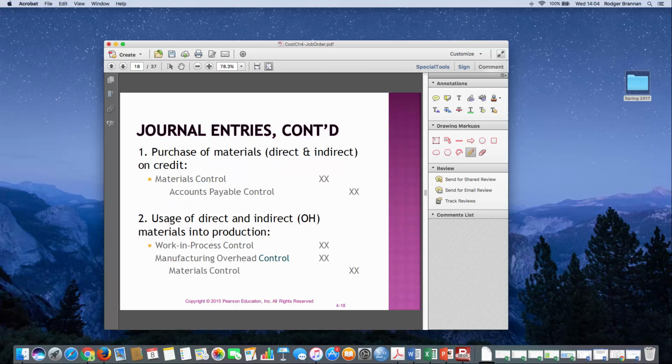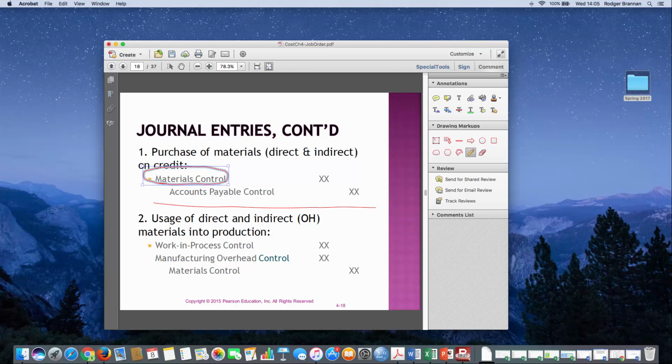So going back, just reviewing a few things. The acquisition journal entry: there'll be a debit to materials control, a credit to cash or accounts payable. Now, when materials are taken out of the inventory account, remember manufacturing is made up of 3 inventory accounts: materials, work in process, and finished goods.